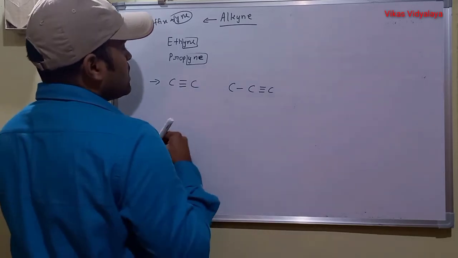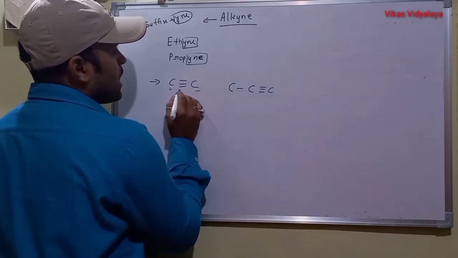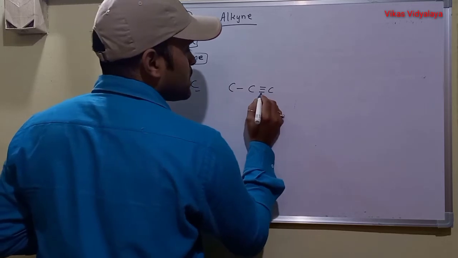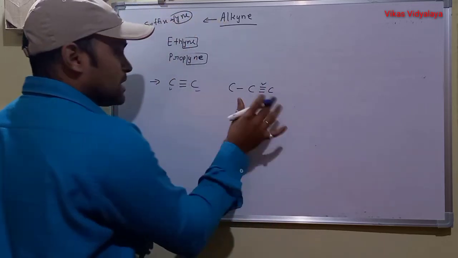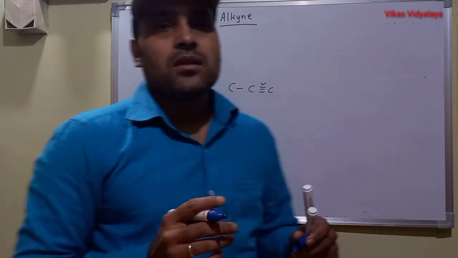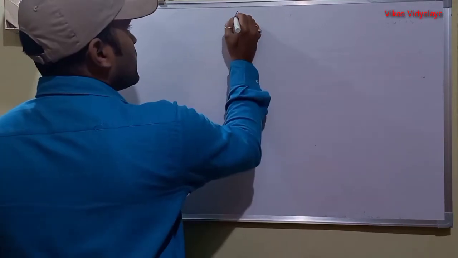Here we can see that these two carbons have a triple bond, and these three carbons have a triple bond. So these compounds come under the group of alkyne.